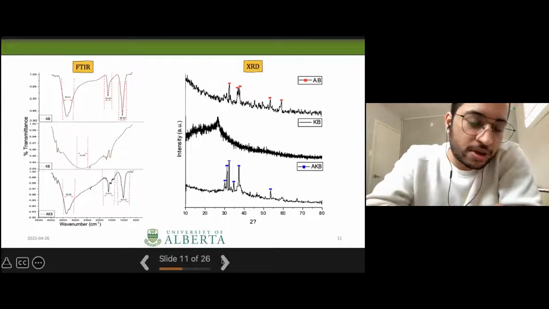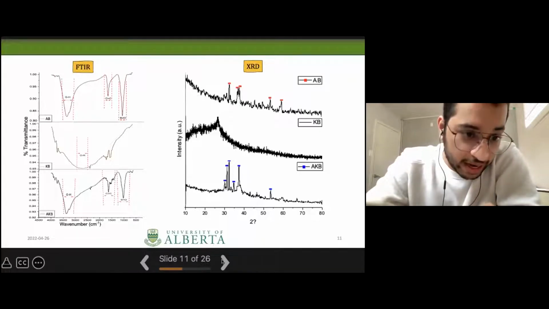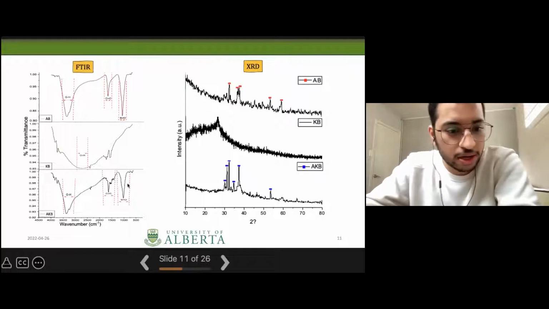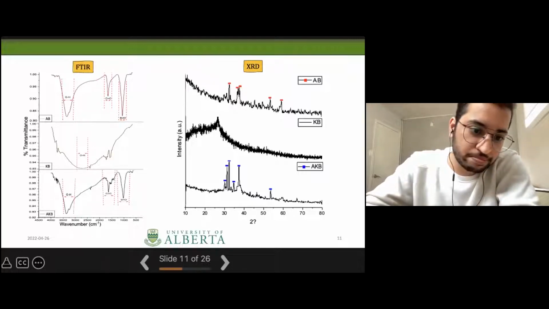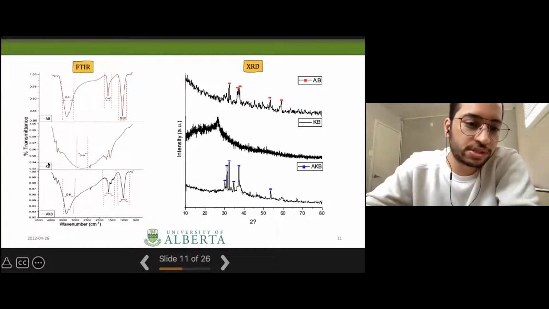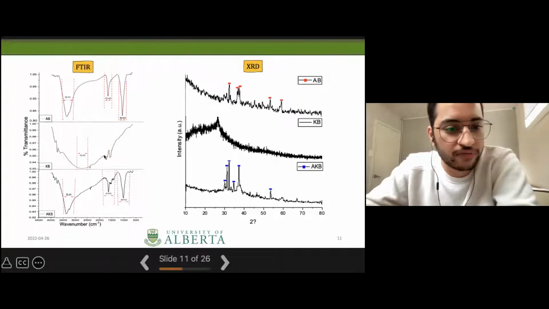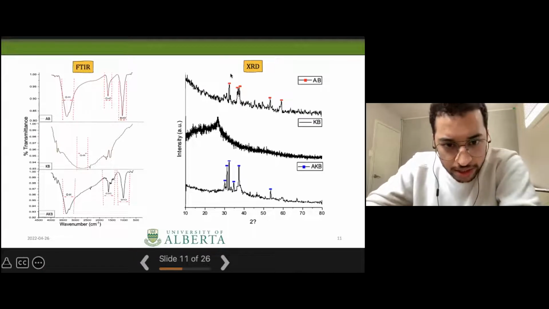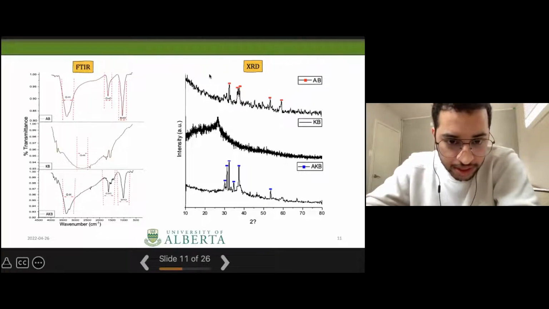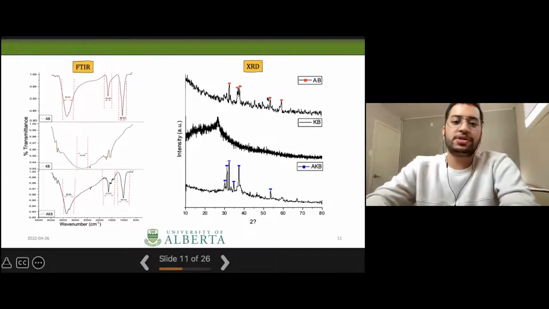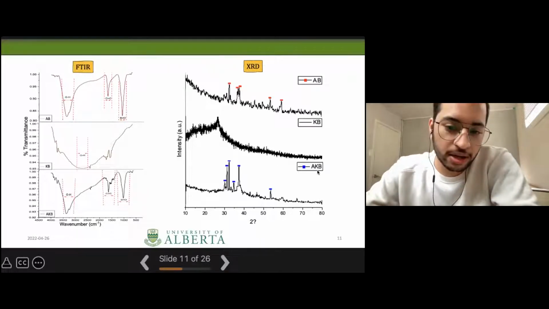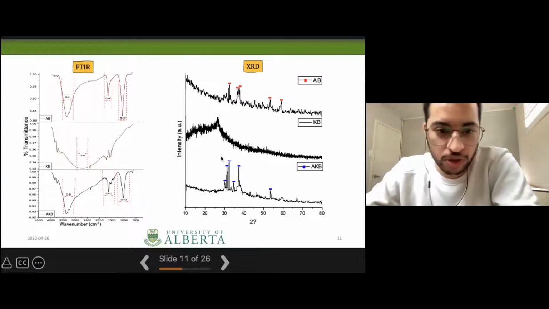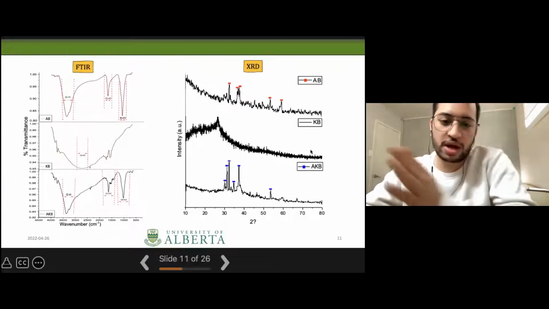As you can see from the FTIR analysis, algal biochar and algal kombucha biochar have multiple functional groups, whereas kombucha biochar does not have any functional groups. And from XRD analysis, we observed that algal biochar and algal kombucha biochar are crystalline in nature, and kombucha biochar is more amorphous in nature.